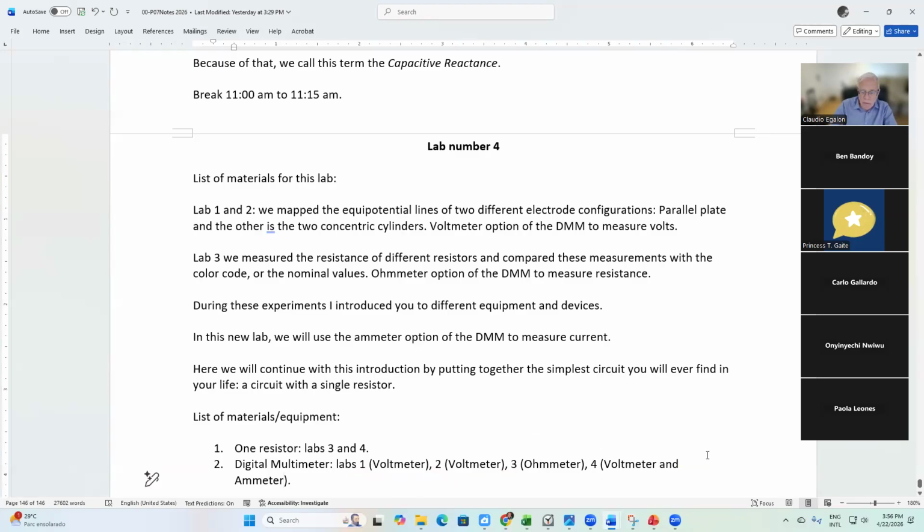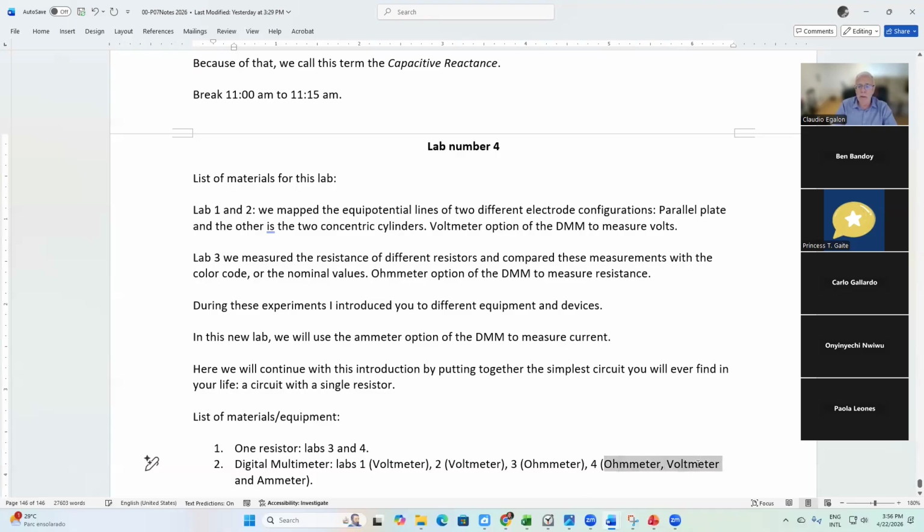Oh, we're going to use an ohmmeter as well, right? Because we measure it with an ohmmeter. Yeah, we saw that. So the first 3 labs, we use the DMM just as one device. In this 4th lab, it's going to be a little bit more complicated.